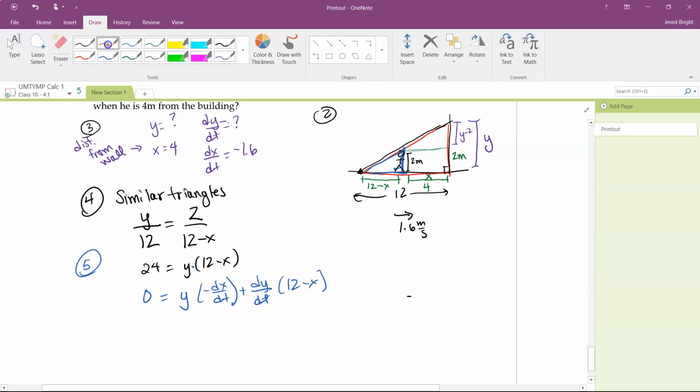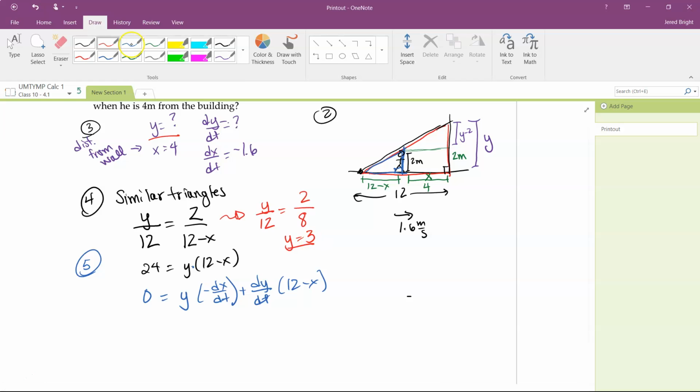I never found it out from above. That's where I need to use my equation here. For the smaller triangle, if x is 4, then I have 8, and this allows me to say that y is going to be 3.